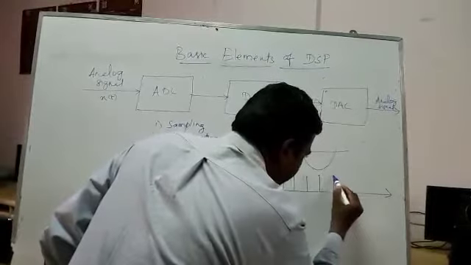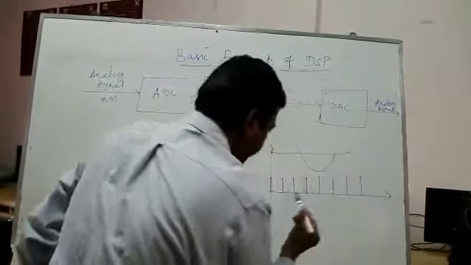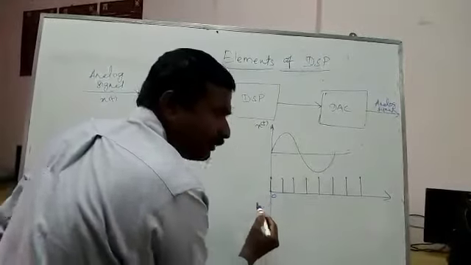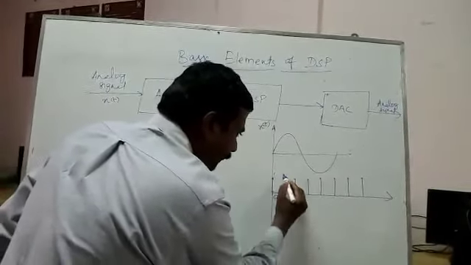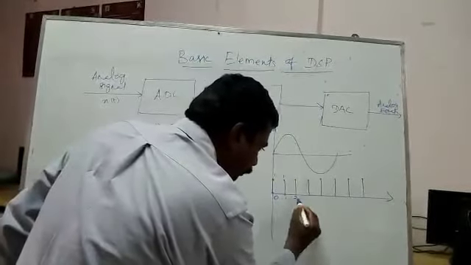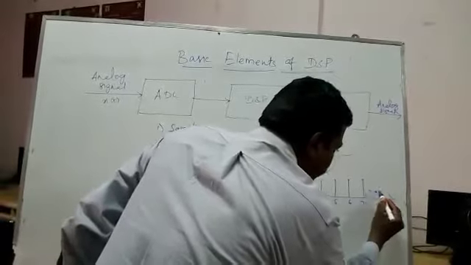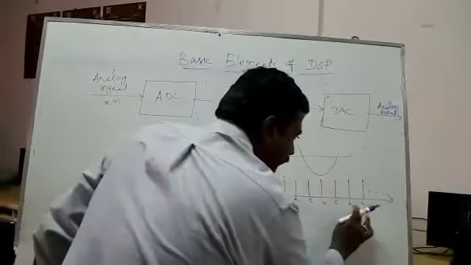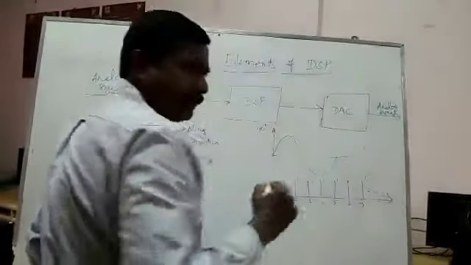This sampling function will have a definite amplitude of unity at the integer time interval only. For example, at n equal to 0, the amplitude is 1. At n equal to 1, the amplitude is 1. At n equal to 2, 3, 4, 5, 6, 7, and so on. So at the integer time instant only, the amplitude is 1.